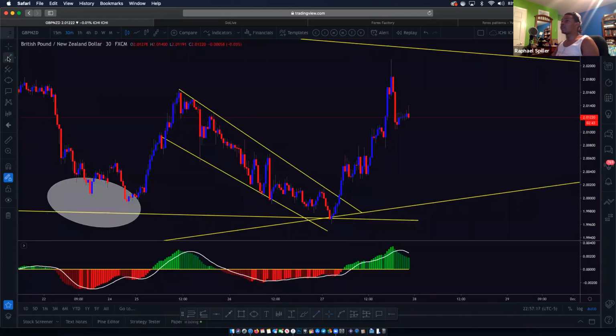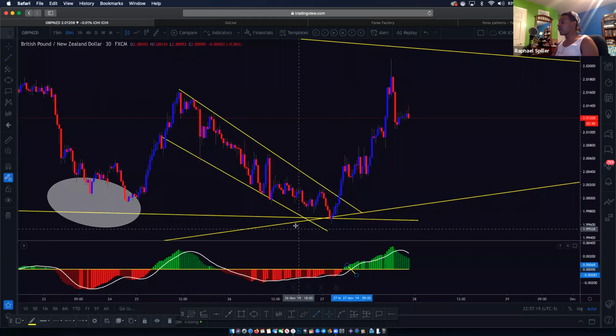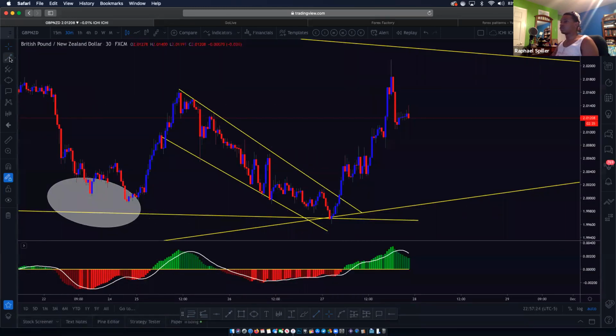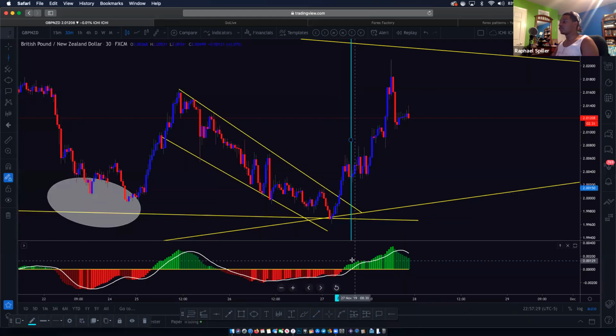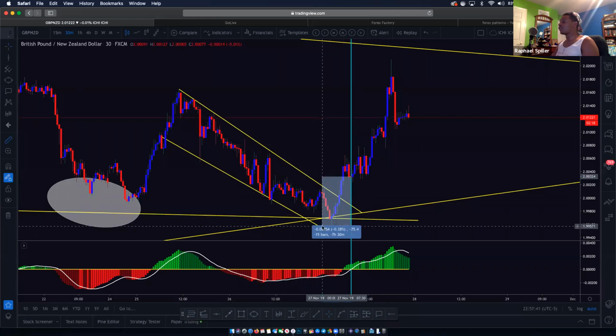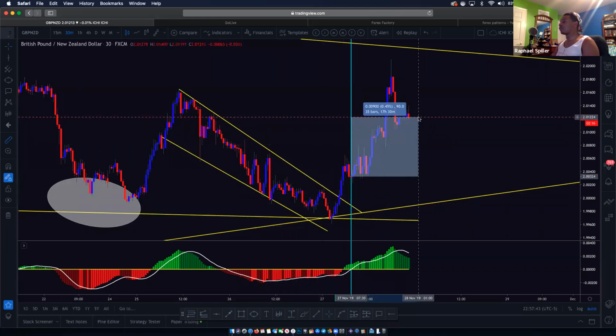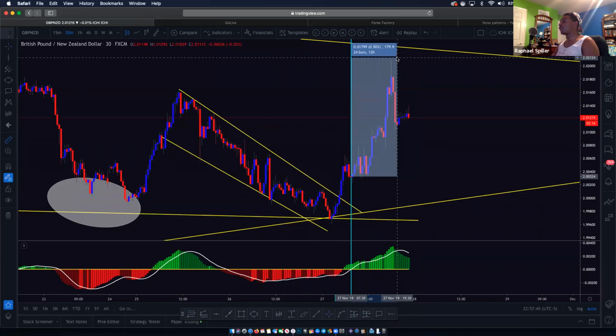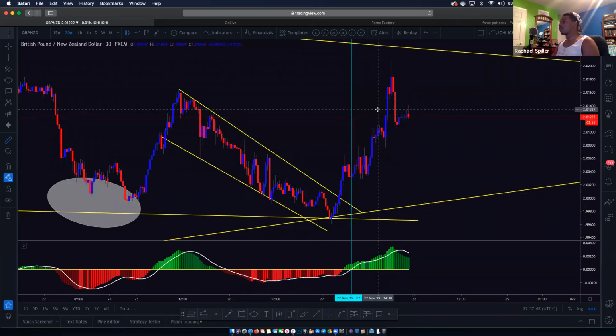I would have gotten in on the 30 minute. As soon as this white line crossed the yellow line, that would have been my entry. And if you guys don't know how I use my MACD, just look at my past sessions on my YouTube channel. So entry here, stop loss around 75 pips, currently up 90. Was up 180. I probably would have been kicked out at some point.